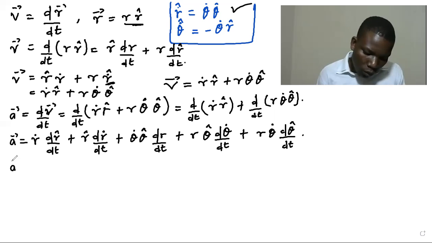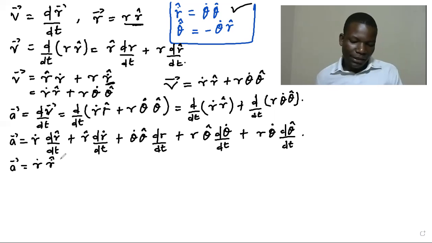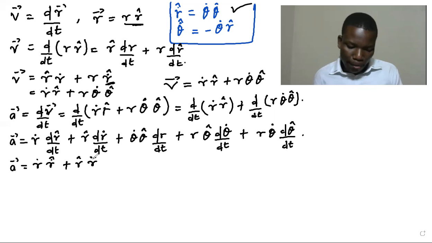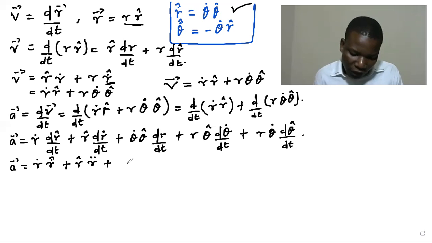So we begin, and here we're going to have R dot and that with the dot cap. We've differentiated, plus R cap, and this is differentiated twice, so we have two dots. Then plus, here we have differentiated R, so we are going to have R dot, theta dot, and R dot here.